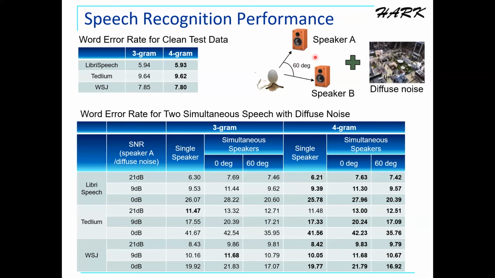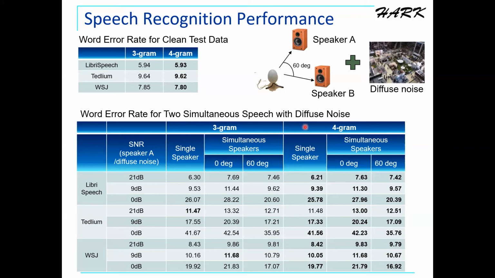From these two speakers, different speeches are emitted with the same volume. Also, we put another diffuse noise here. It's omnidirectional. So in this setting, the signal to noise ratio is always negative.